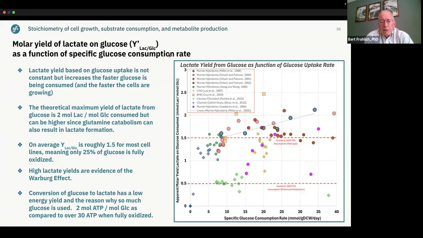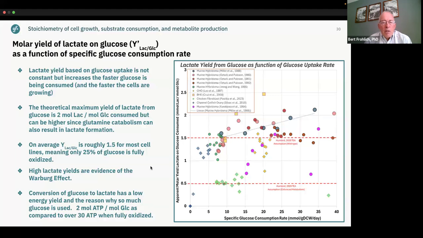But if you look at the data on the right, the average across all the cell lines that we looked at is approximately 1.5. And as I said, the maximum is 2. So that means that glucose is inefficiently being used. Only 25% of it is being fully oxidized. And so a lot of the energy is being wasted. And that is evidence of the Warburg effect, and we'll say a little bit more about that in a little bit.